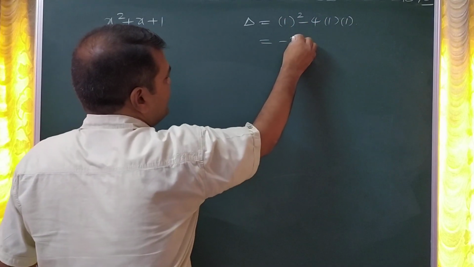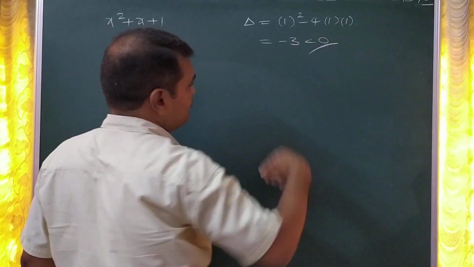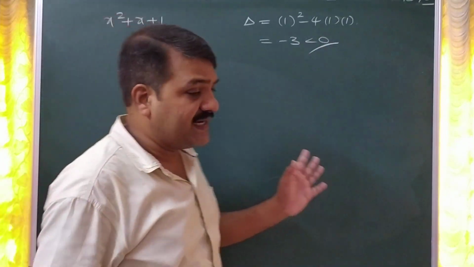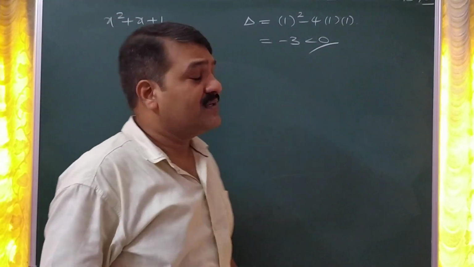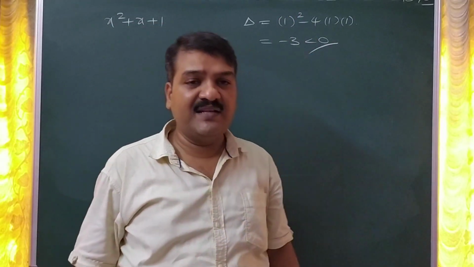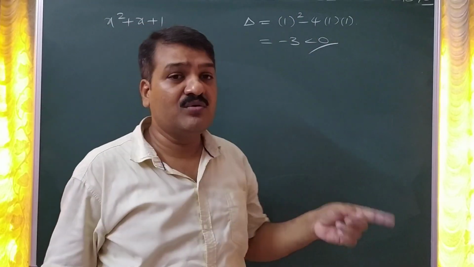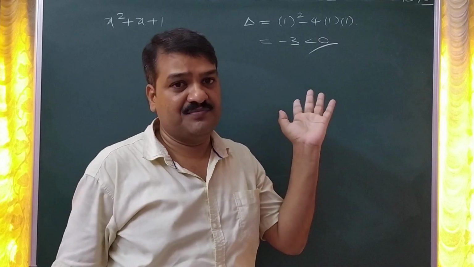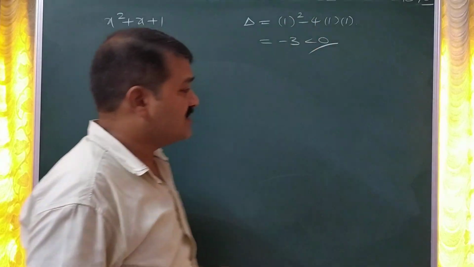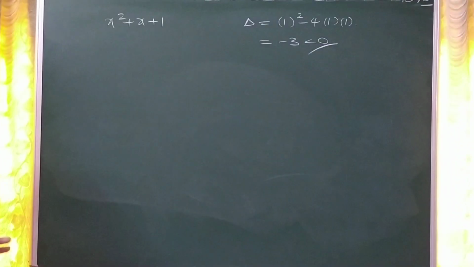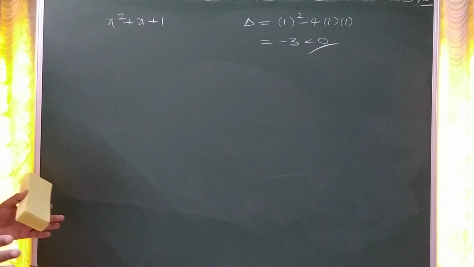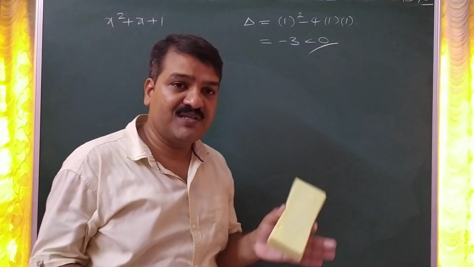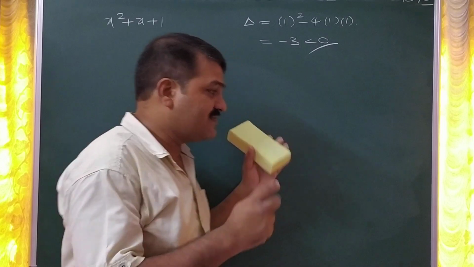So delta is negative here. When delta is negative, no need to find the roots. Delta equal to 0, no need to find the roots. You have to find the roots only when delta is greater than 0. So for delta less than 0, what is the condition? We already discussed in the previous video. If you haven't seen it, please check back to the previous video.